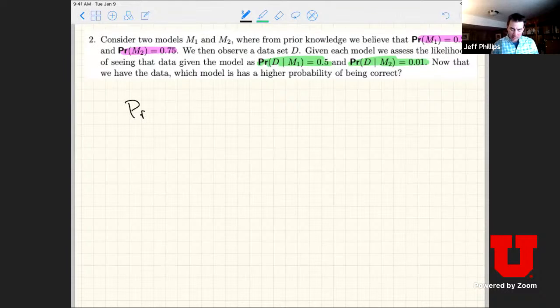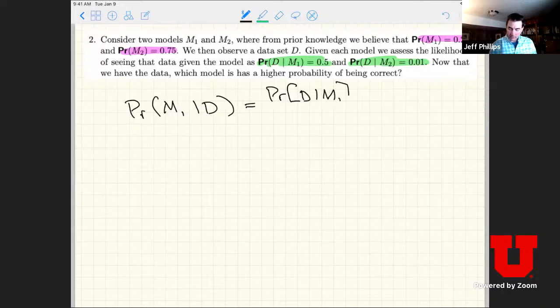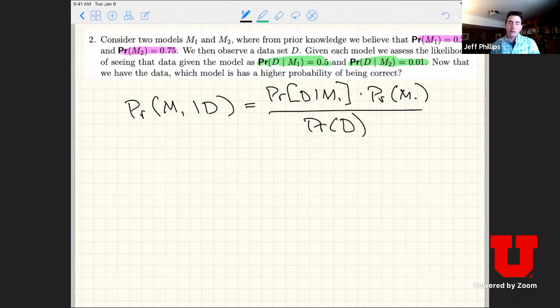So the probability of model 1 given the data is exactly equal to the probability of the data given model 1 times the prior of model 1, divided by the probability of the data, right?